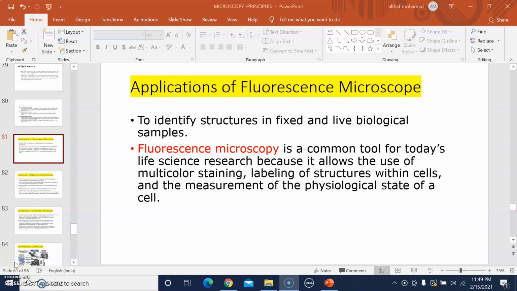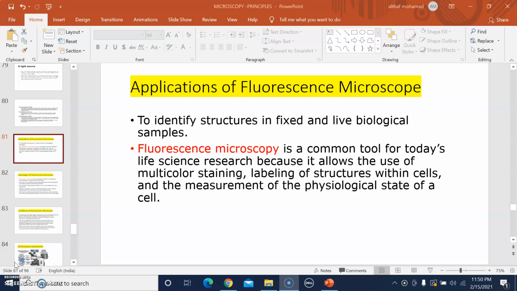Good afternoon all. In today's session we will discuss the applications, advantages and disadvantages of the fluorescent microscope. In the last session we discussed the different parts and working principle of the fluorescent microscope.